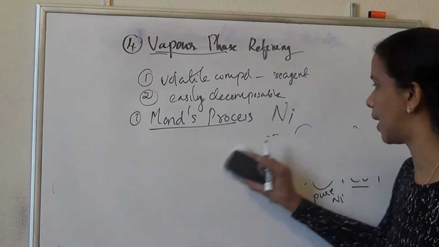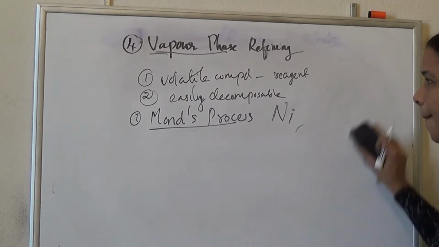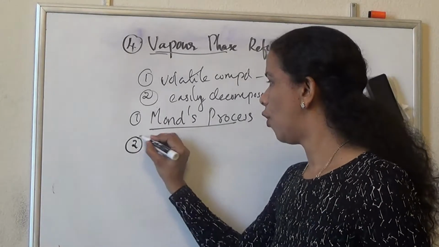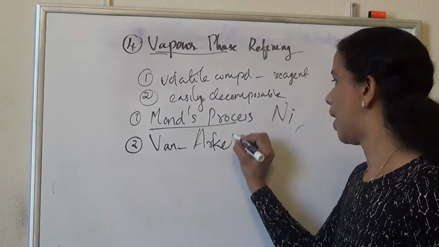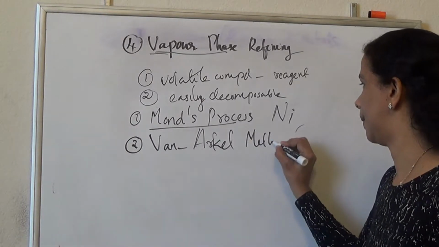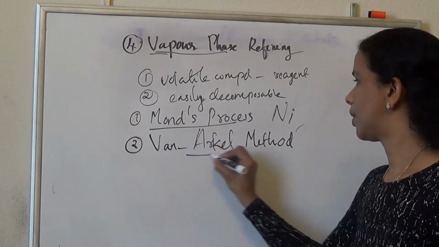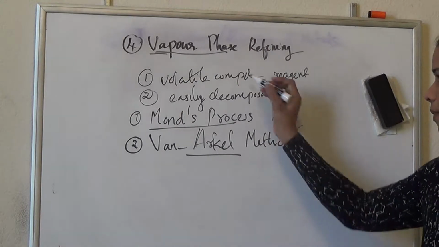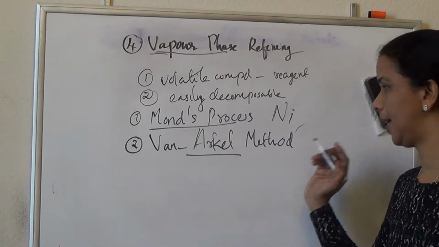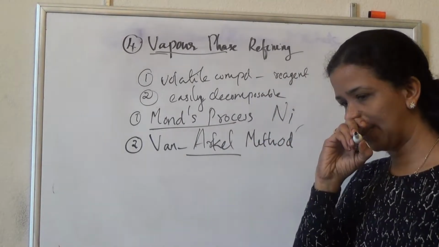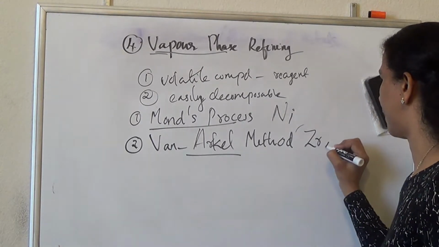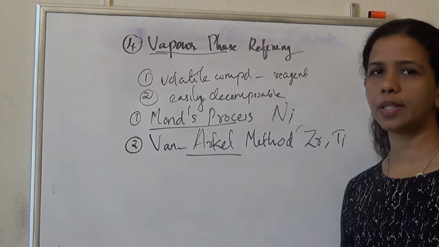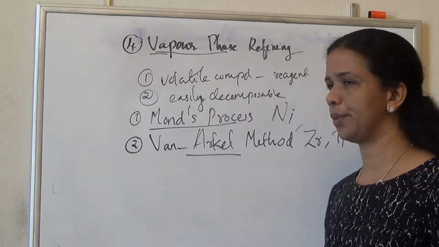One more process in vapor phase refining is the Van Arkel method. It is also the same principle. It will form a volatile compound, which is easily decomposable. Here we can use titanium or zirconium. Titanium or zirconium can be purified using this method.